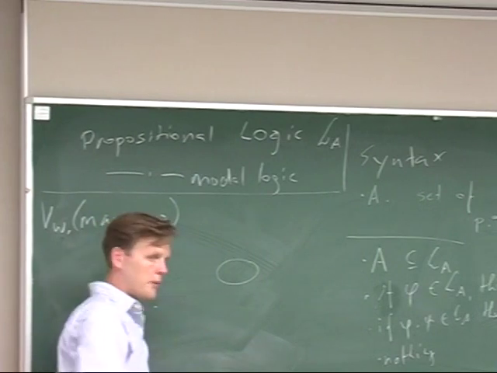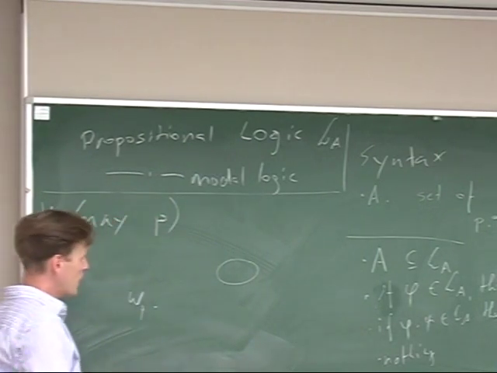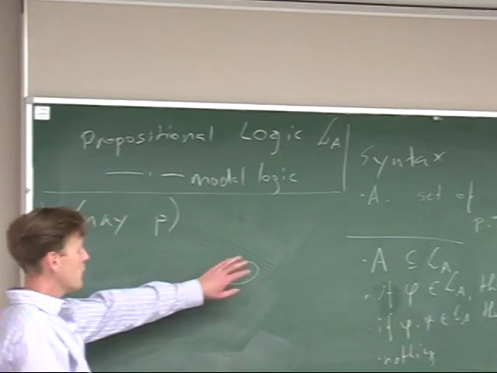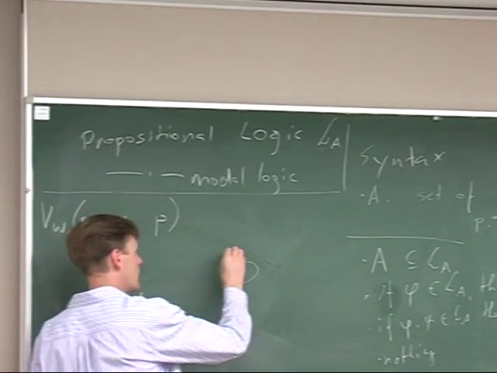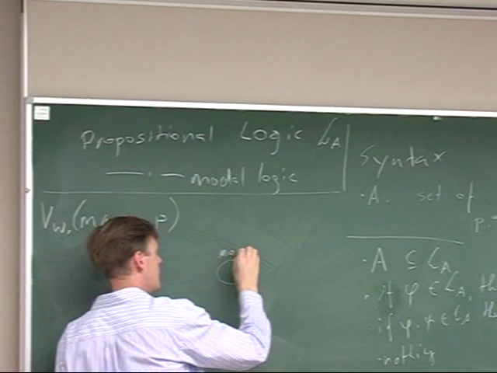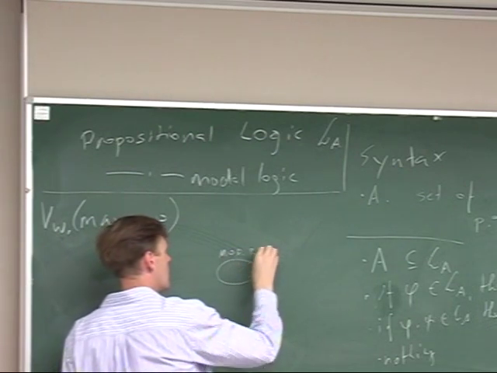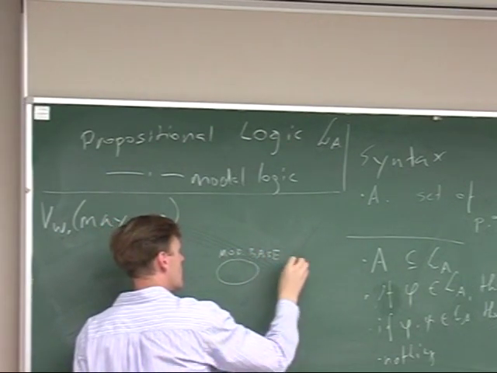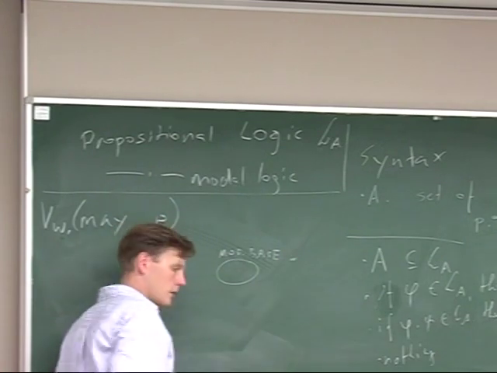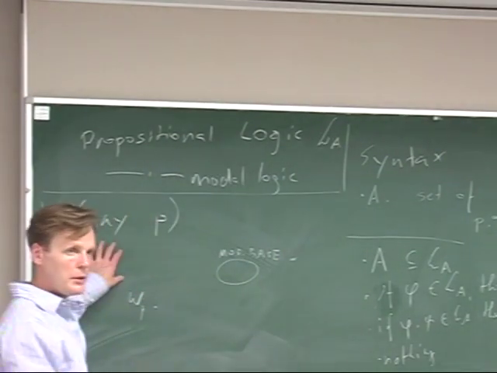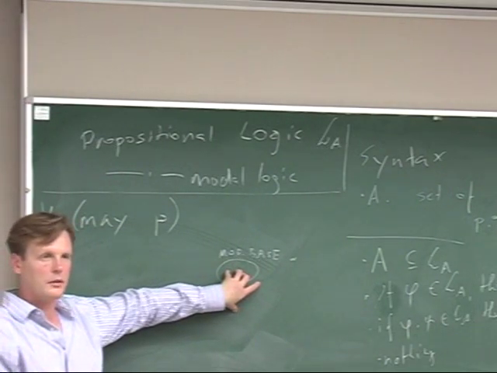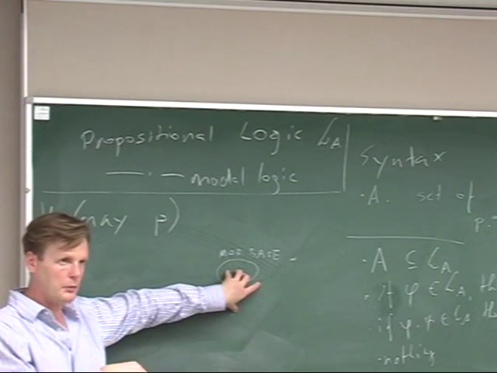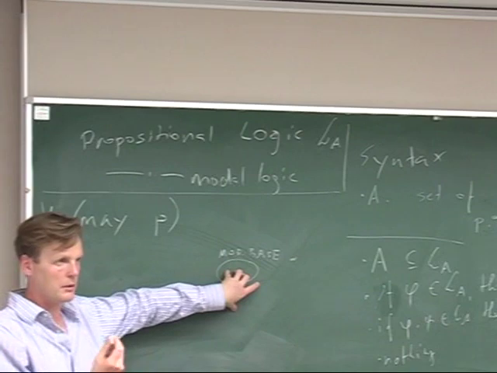The value of the sentence is perhaps determined relative to this set of worlds. This is the modal base at W. So if we have an epistemic reading for the modal, this is a set of worlds that is compatible with the beliefs of the person in question.